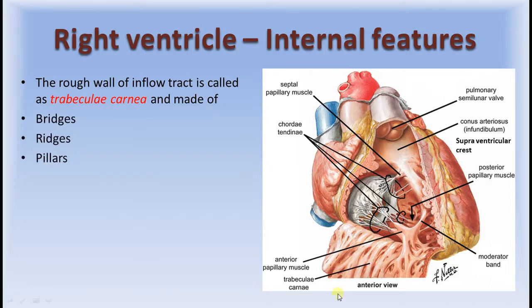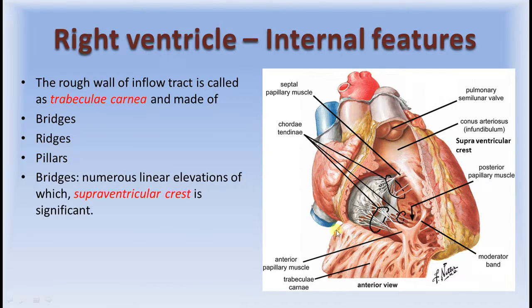You see numerous elevations, which are called the ridges, and something running from one wall to the other wall, which are called the bridges. And then you see the papillary muscles, which are called the pillars.